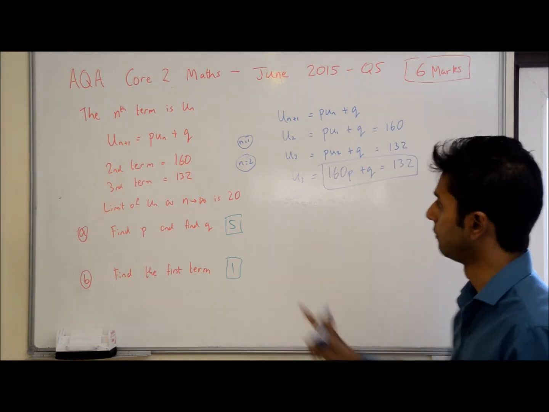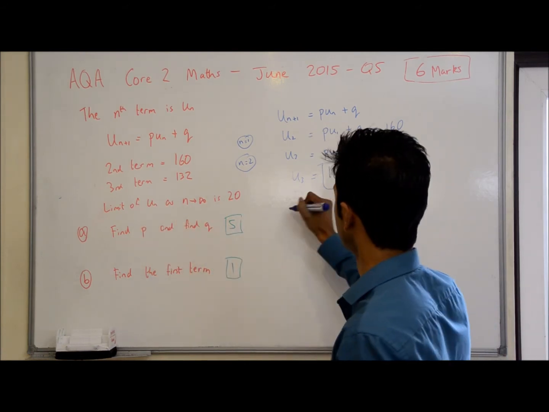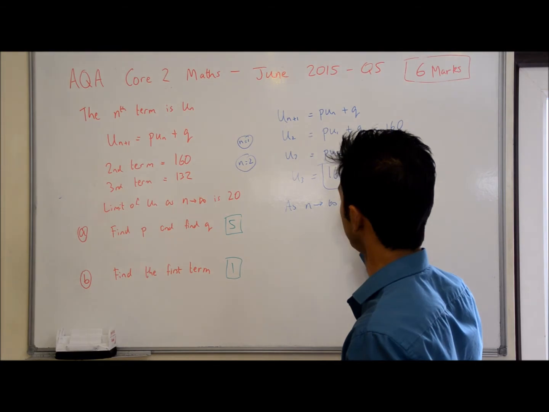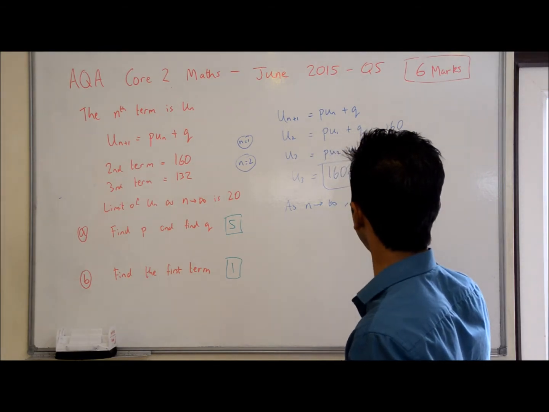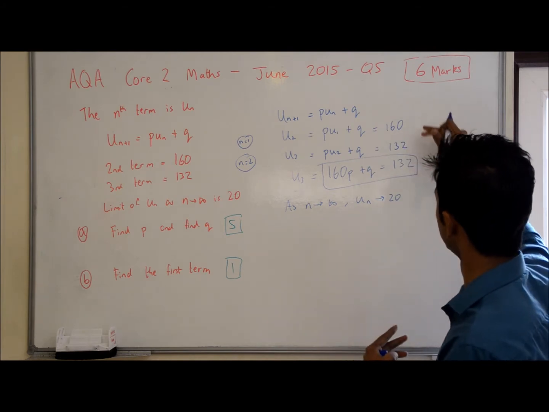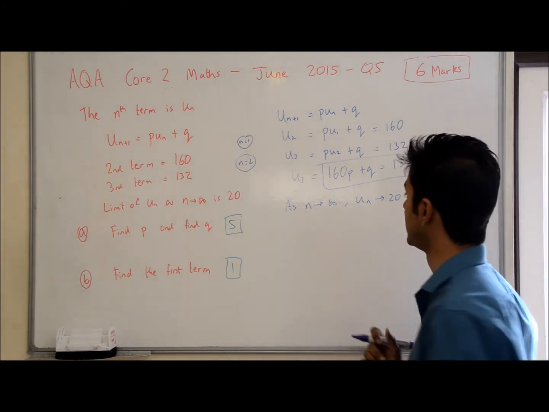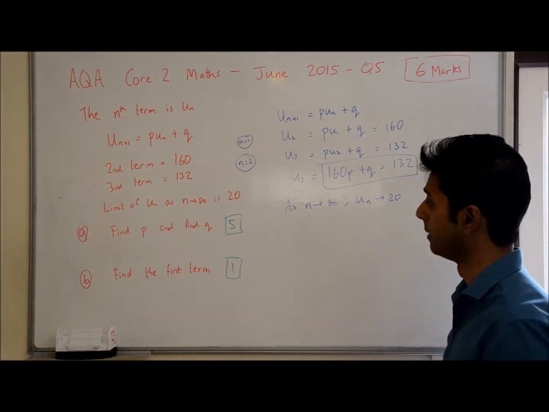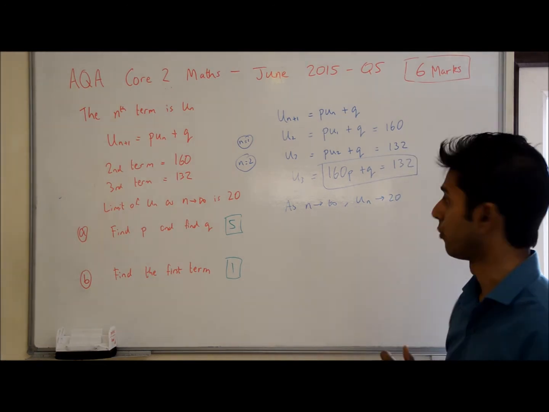Now, we've also been given this information here. What this says is as n tends to infinity, un tends to 20. That means that as you go on, the numbers are going to get closer and closer to 20. So say the millionth term is 20. The 1,000,001th term will also be 20.